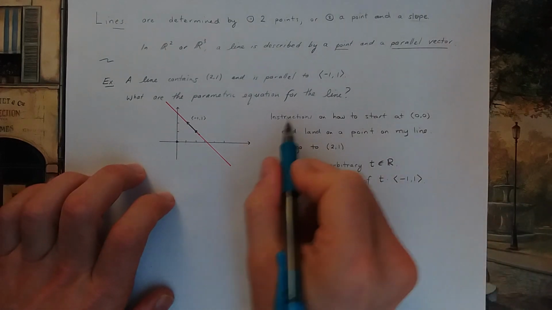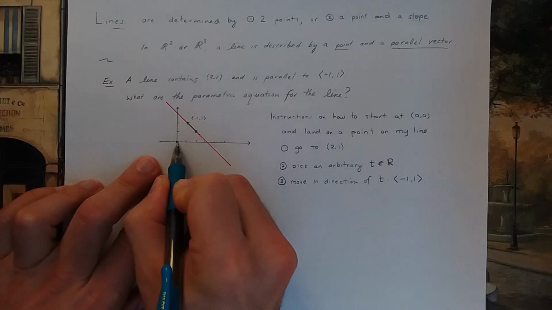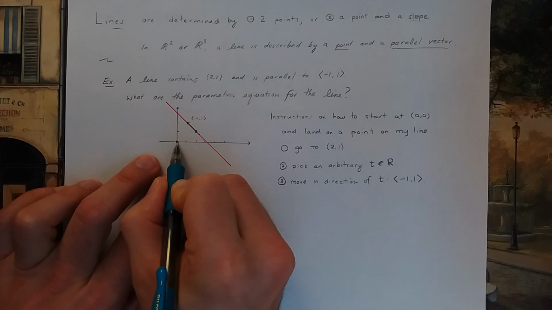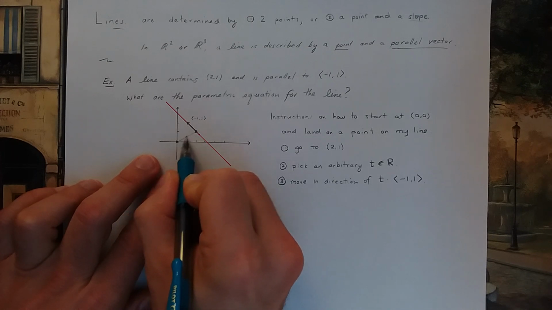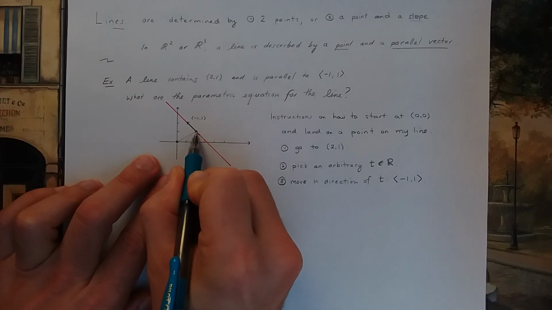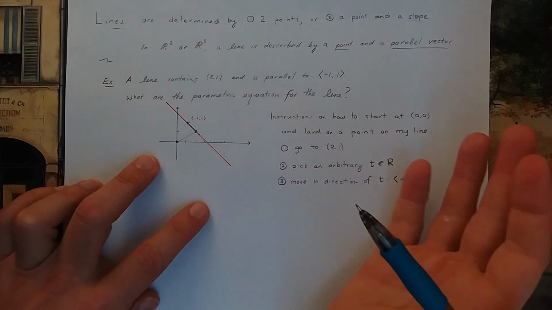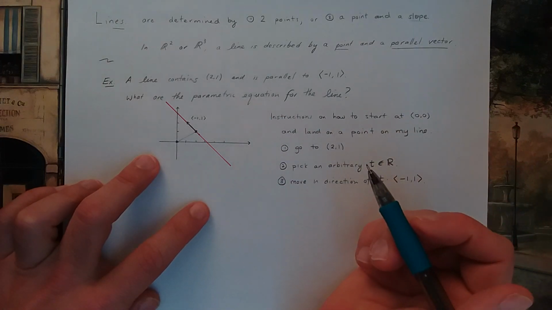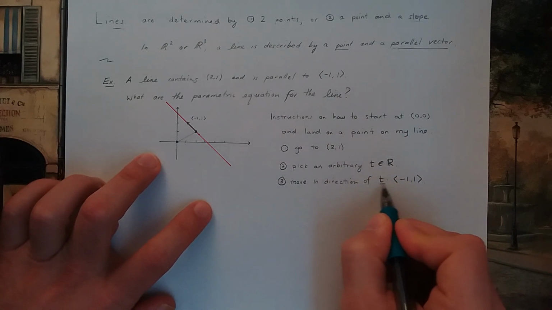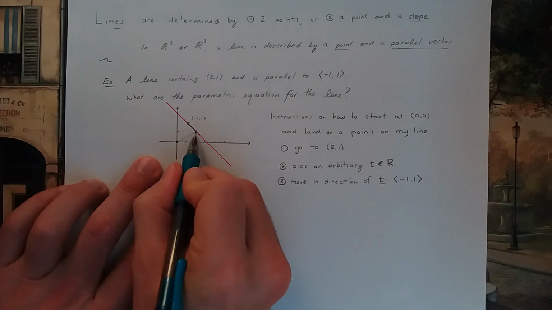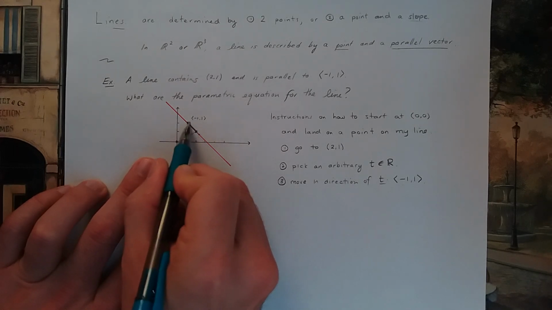So here's my instructions in action. I start at 0, 0. All right, here my pencil is at 0, 0. The next thing I do is I go to the point 2, 1. Then I pick a random value for t. So maybe I picked t equals negative 2. Then I move in the direction of negative 2 times my vector.